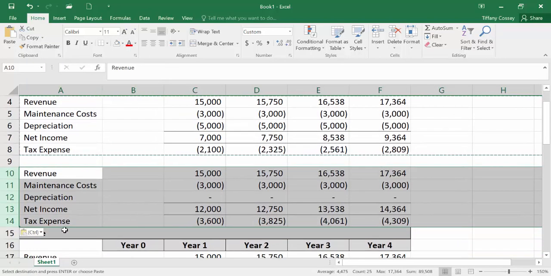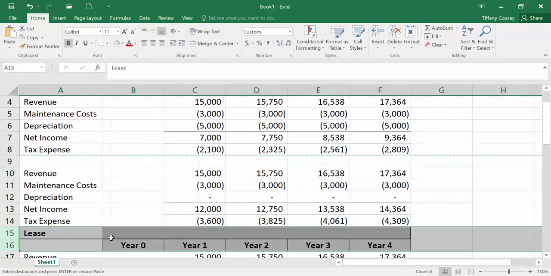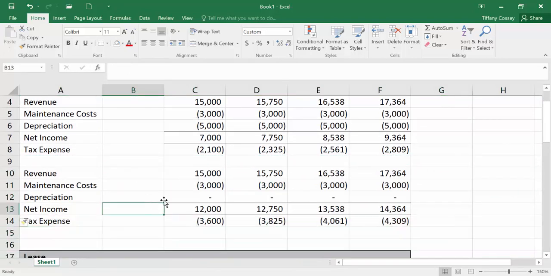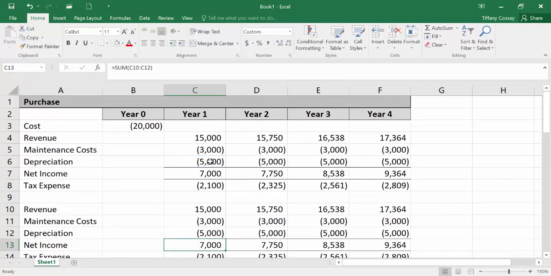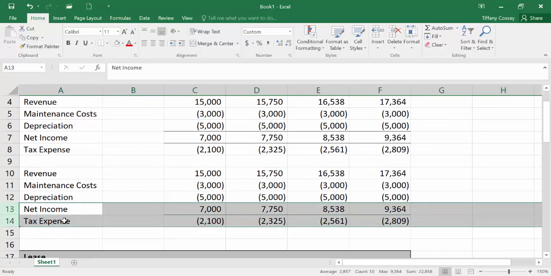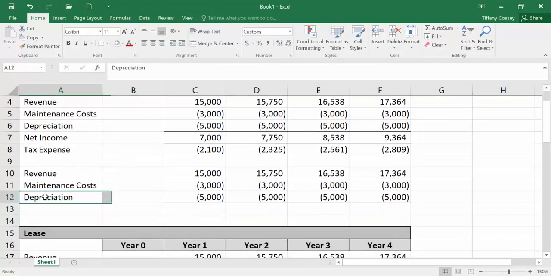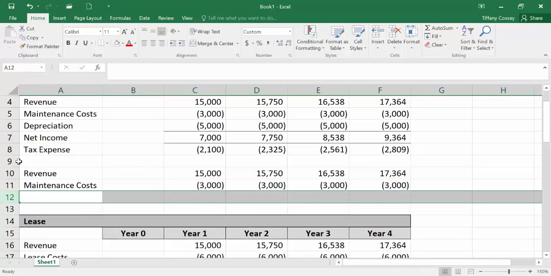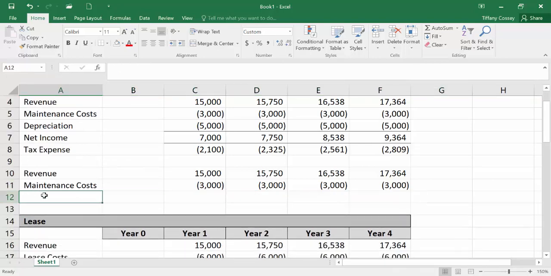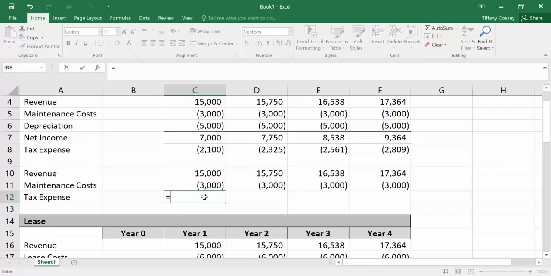by taking all of these same numbers and tweaking them. So we still have the revenue, we still have the maintenance costs, the depreciation is 5,000, but now I'm going to delete this depreciation because in the cash outflow part of it, depreciation is not a cash number. It goes away. And instead, we're going to replace it with the tax expense because that is a cash outflow.